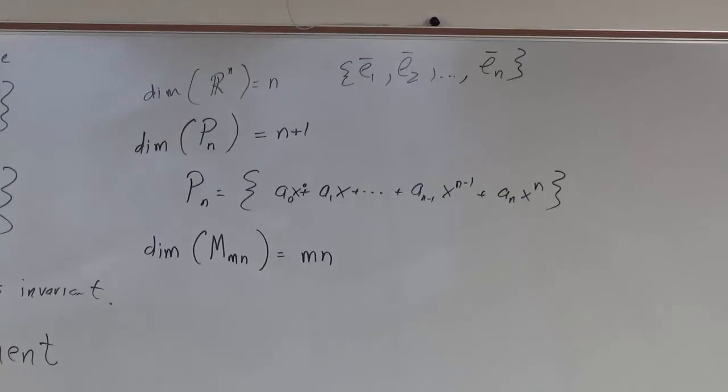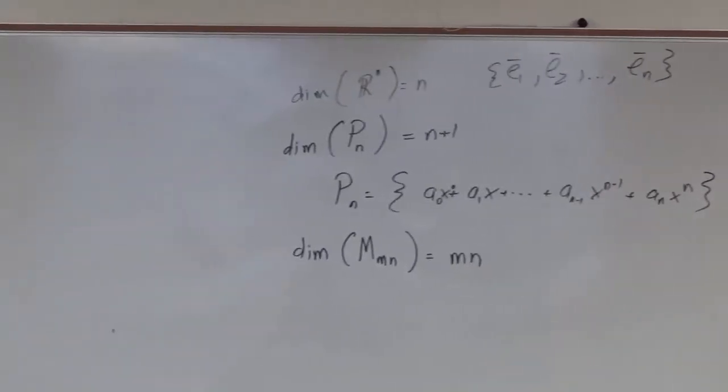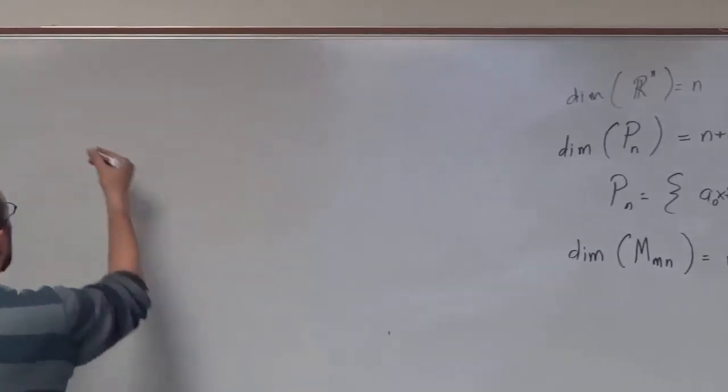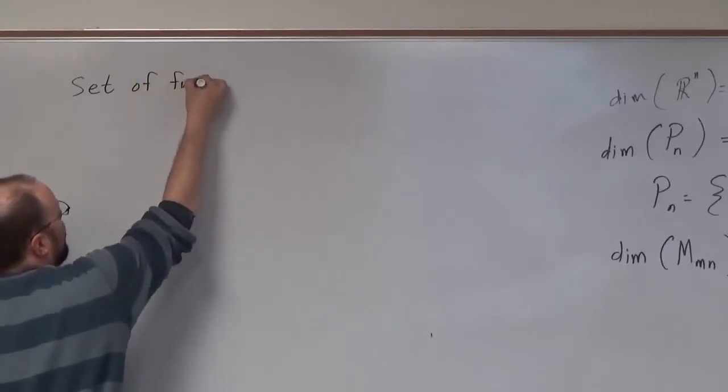Are there vector spaces which have infinite dimension? Yes. Sure. So, I mean, I can think of, let's say, the set of functions, or maybe the set of polynomials. Yeah, let's do the set of functions as a vector space. You add two functions, you get a function.